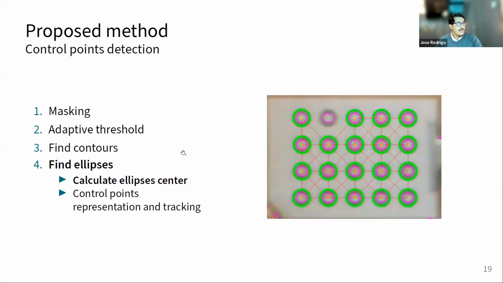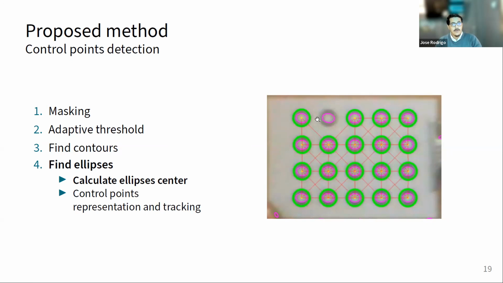Then we have our process of find ellipses. First of all, we're gonna calculate ellipse center. To calculate our ellipse center, we are gonna find the center of each ellipse, the ellipse son and the ellipse father, and we're gonna calculate the average of those ellipses.